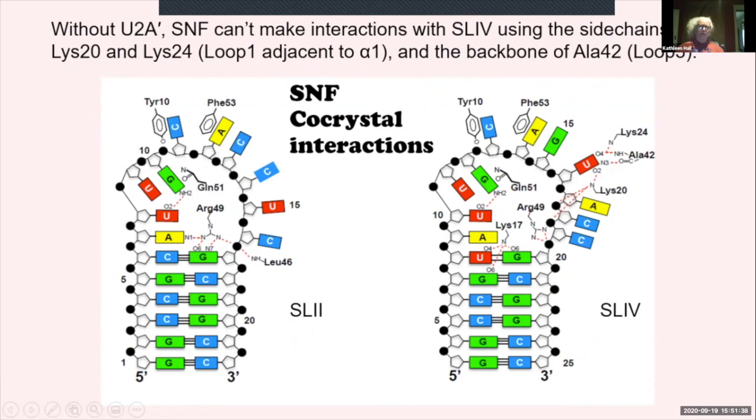And what we think is happening is because the alpha-1 is now bound by A prime, it's held in such a way that it can make interactions with this side of the loop. And in the absence of holding that down, the protein isn't able to actually make these kinds of interactions. And so it basically doesn't even see them when it's bound to stem loop 4.